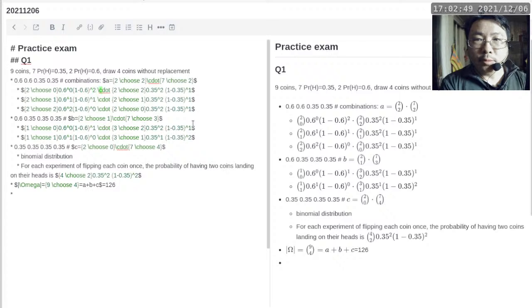So now we're going to get onto this side and make the same kind of changes. So we have 2 out of 2 landing on the tail, so none is landing on the head, both are landing on the tail. And then this one we have 1 landing on the head and 1 landing on the tail. And then for this one we have 2 landing on the head and 0 landing on the tail.